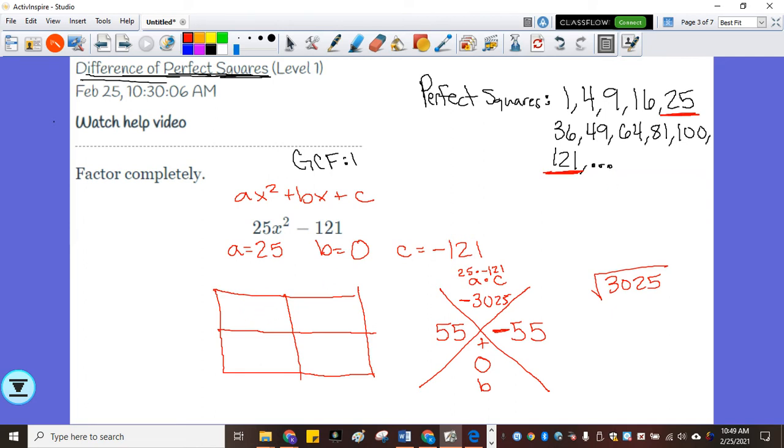So in your top box, a squared. In your bottom box, C. And then you use the two numbers that you found.